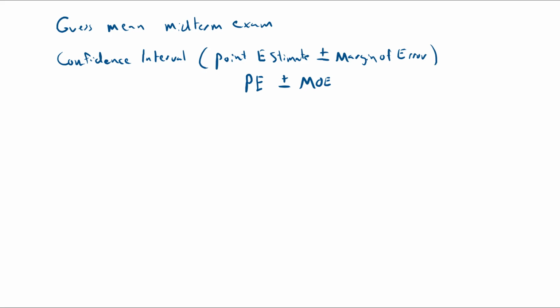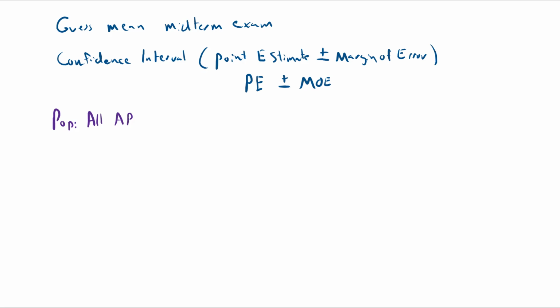So for this, let's go ahead and say our population. Our population is going to be all the midterm scores. So all, we'll say AP, since we're talking about AP, let's just use them as an example.